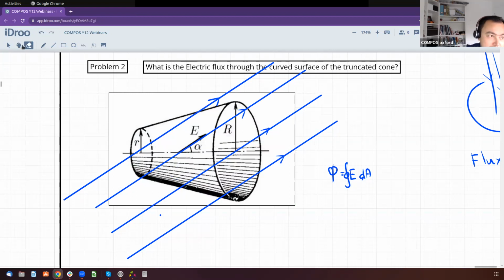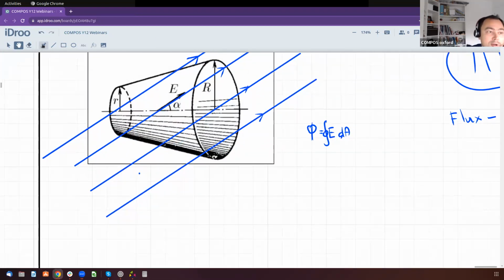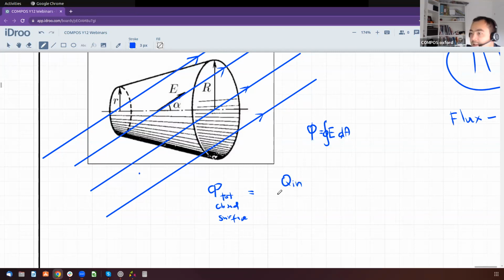Gauss's law says that the total flux through a closed surface is equal to the charge located inside that surface, and just a second, so that I don't embarrass myself, I forgot the multiplier.